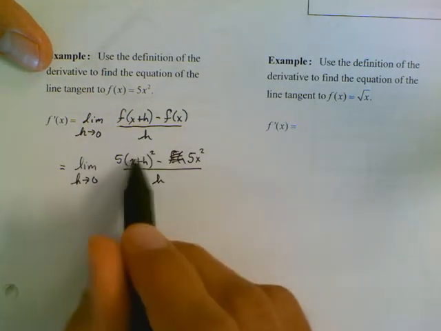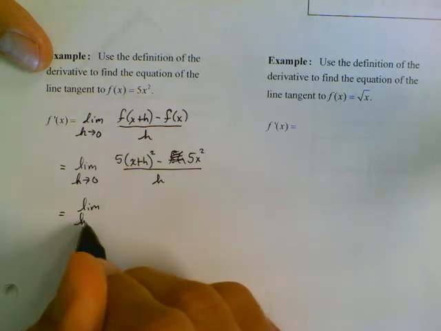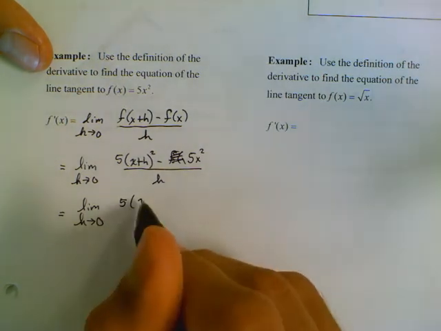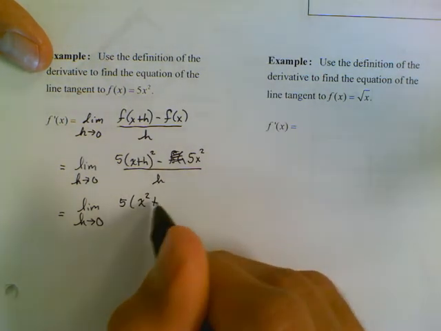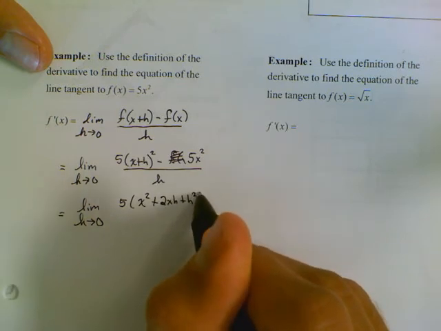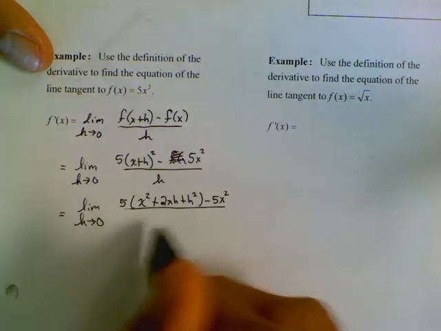Okay, so what we'll do then is expand the binomial. If you're having trouble expanding a binomial, just FOIL. There's no shame in that. 5 times (x squared plus 2xh plus h squared) minus 5x squared all over h.